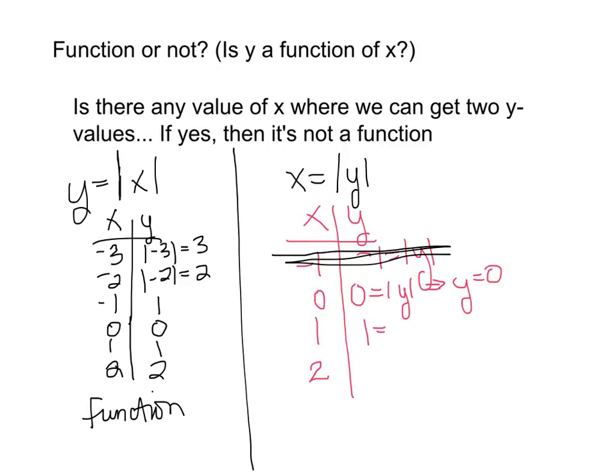What if 1 is equal to the absolute value of y? Well, certainly y could be 1, but why could it also be -1? Because the absolute value of -1 is 1. So this right here, we don't even have to go any further, tells us that we have one input, we get two outputs, so it is not a function.